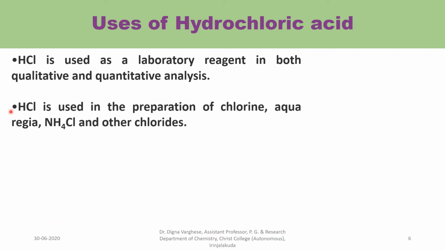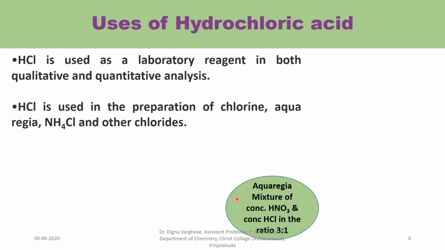HCl is used in the preparation of chlorine, aqua regia, ammonium chloride and other chlorides. What is aqua regia? Aqua regia is a mixture of concentrated nitric acid and concentrated hydrochloric acid in the ratio 3:1.